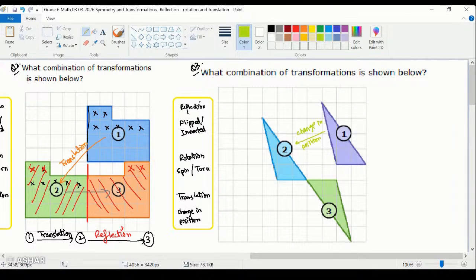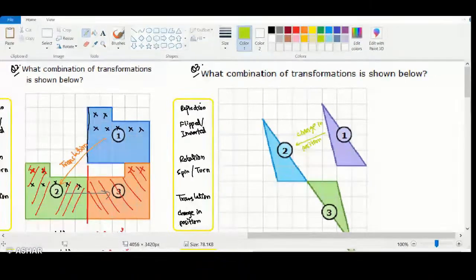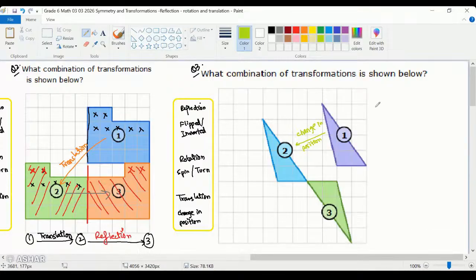And what is change in position? Change in position was translation, because no rotation, no spinning, right?